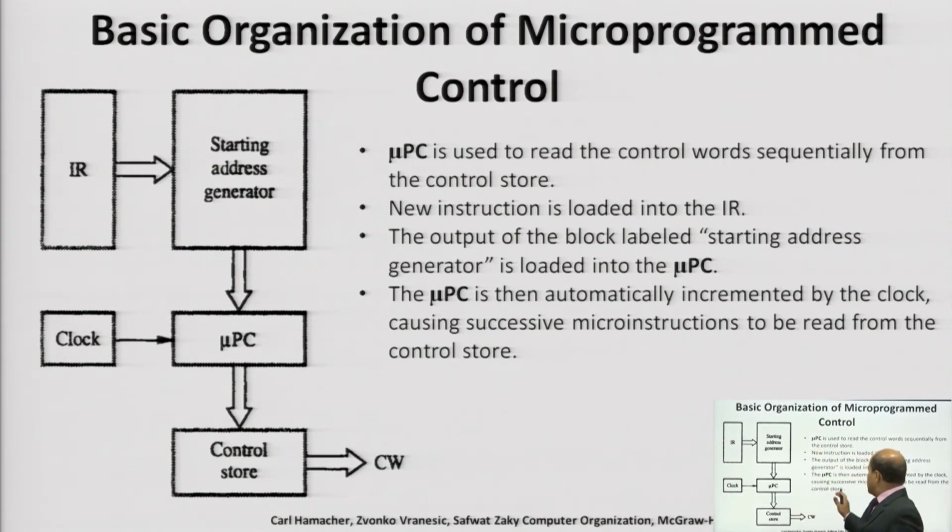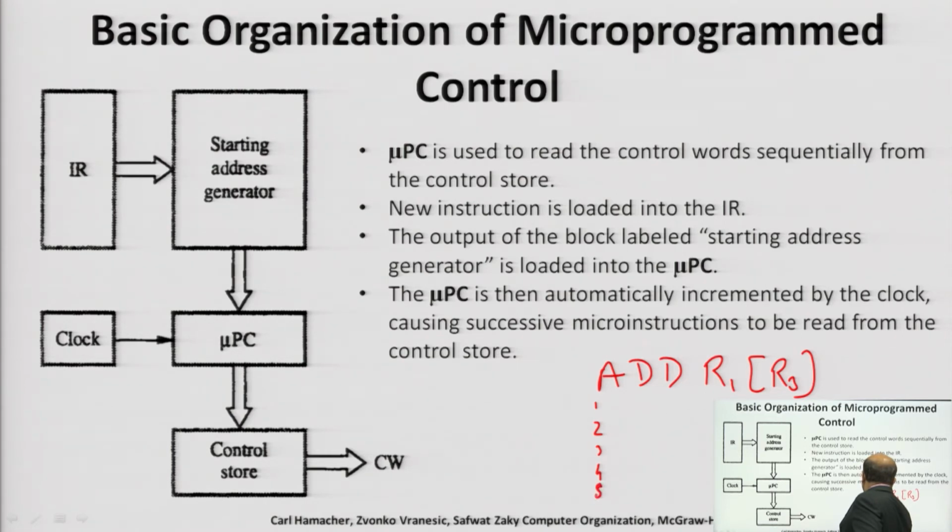So, if we are using the same example, add R1 R3, there are 7 control steps required, and in different steps various control signals are issued.